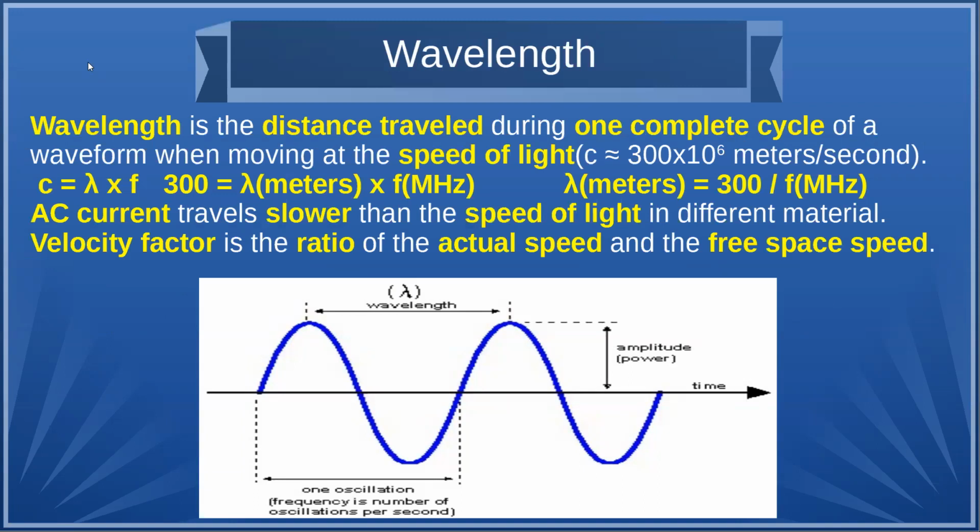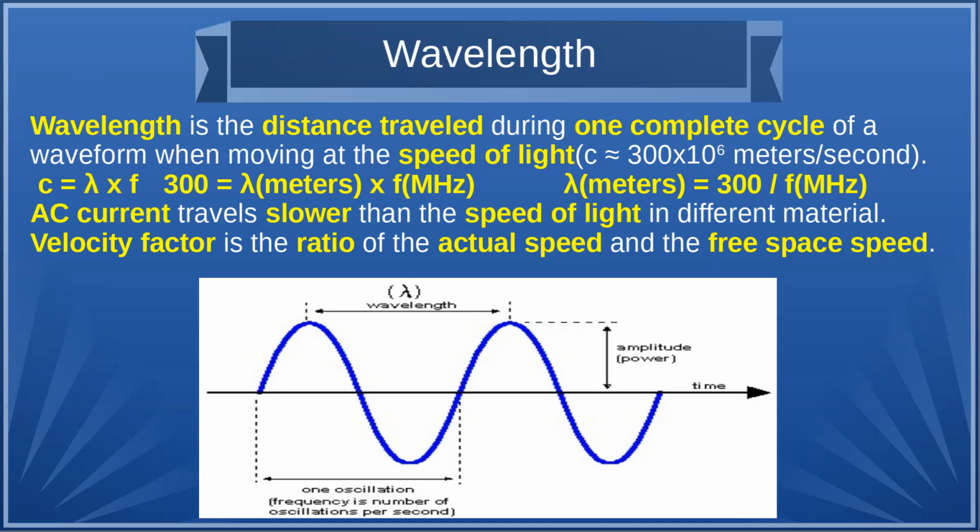One of the other parameters is wavelength, which you will use a lot, and there will be questions on the test about wavelength, particularly when it refers to antennas. It's the distance traveled during one complete cycle of a waveform when the waveform is moving at the speed of light or some fraction thereof, because it only travels at 300 million meters per second in a vacuum and free space.